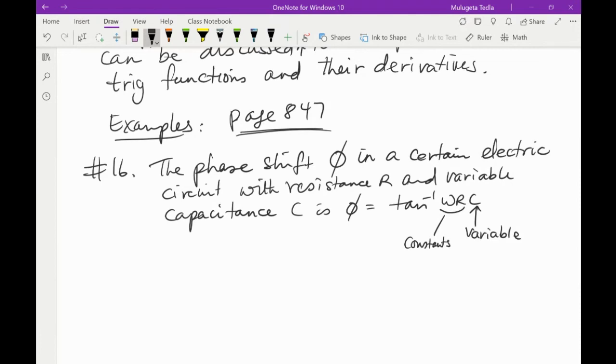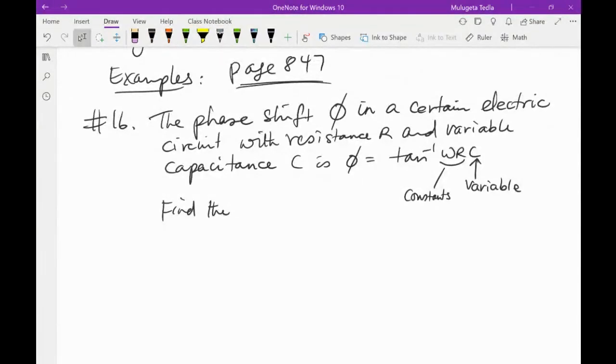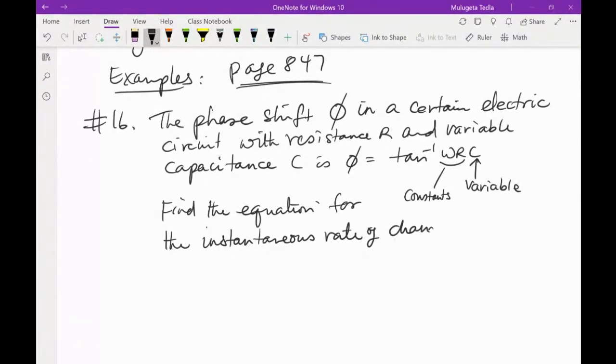So what they are asking is, find the equation for the instantaneous rate of change of phi.